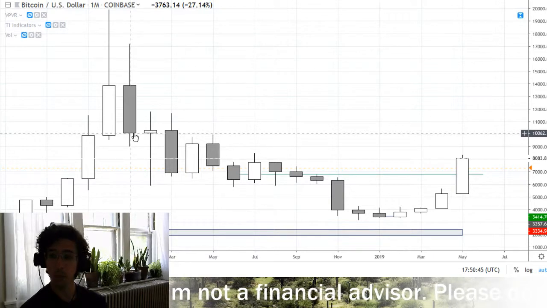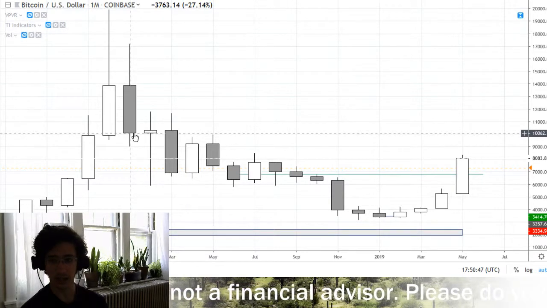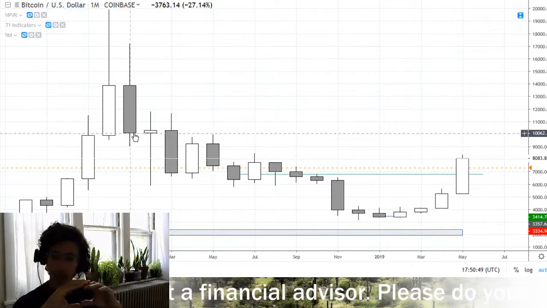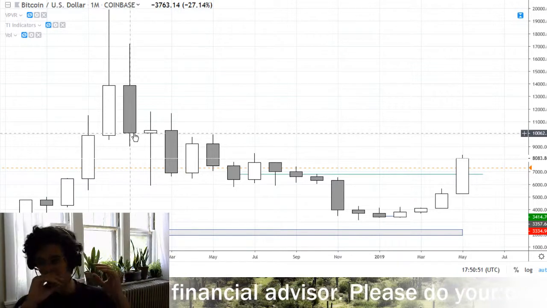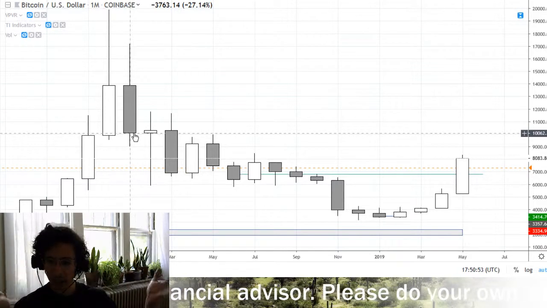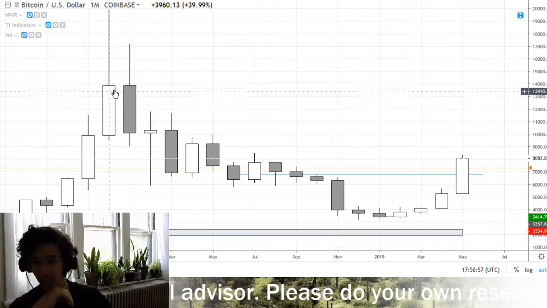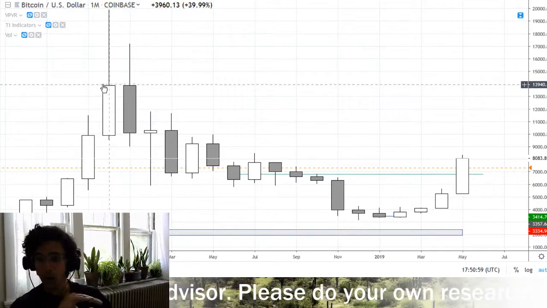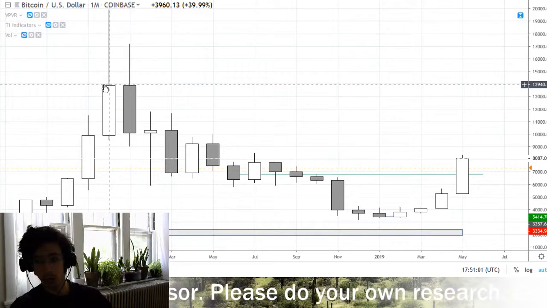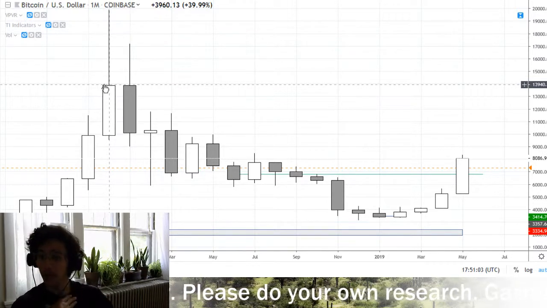But I want to get more into the theory of candlesticks now. We're gonna add to that concept and take it a little bit higher. It's great that you know that price traded there, but what does it tell you? It tells you that sellers came into the market at $14,000. That's how I'm reading it.